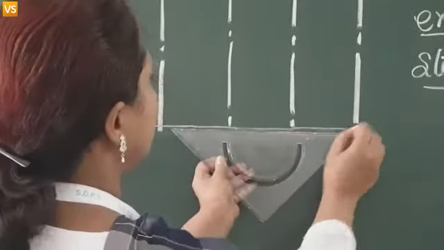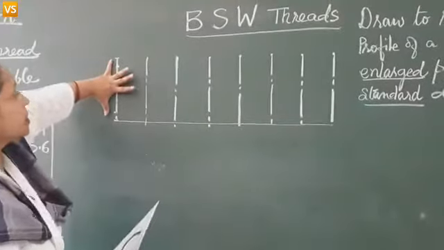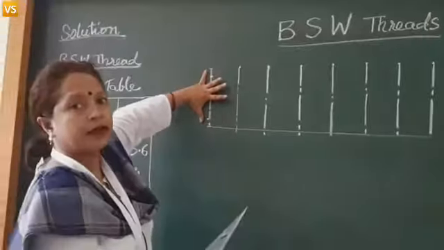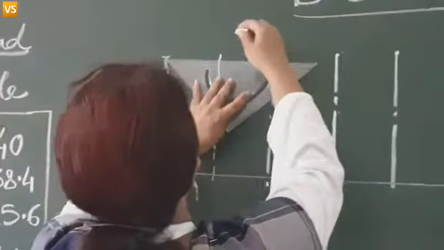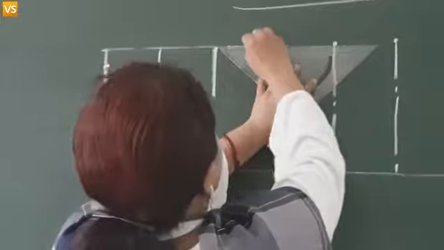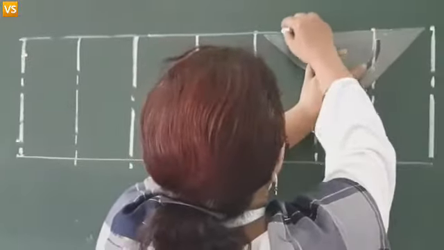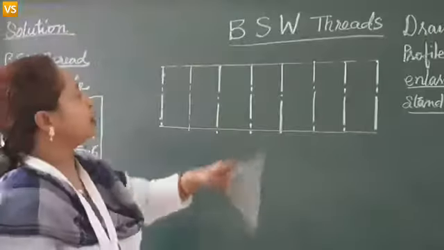We need them because we have to draw the solution. This total distance I have taken here is 38.4. I have marked it earlier, so I need not measure it once again. So, this is the line 38.4.